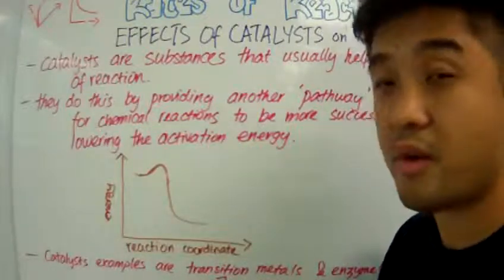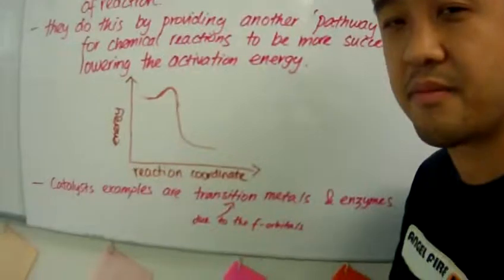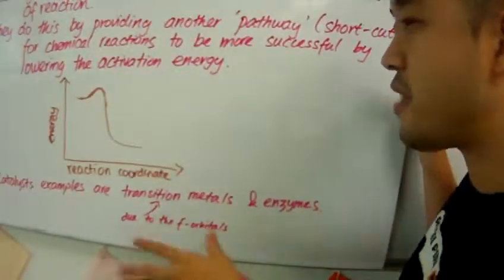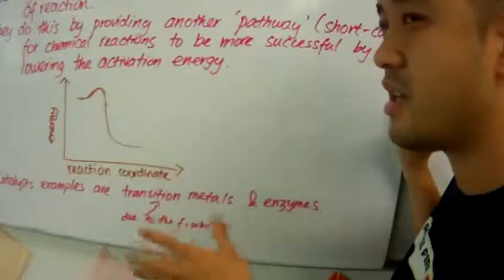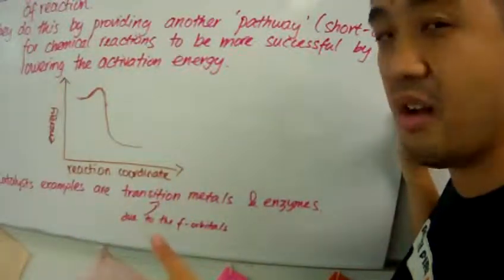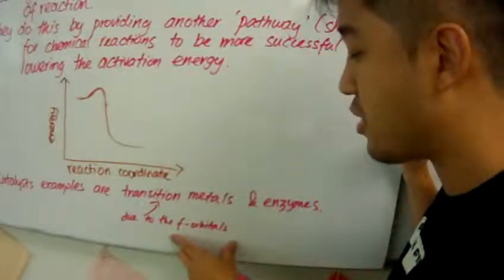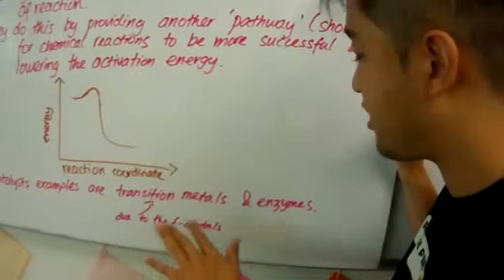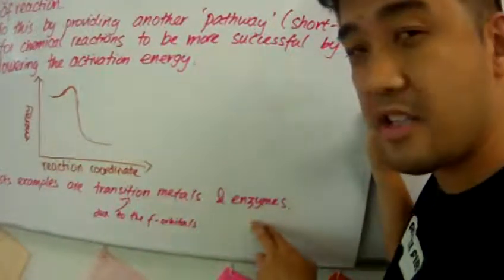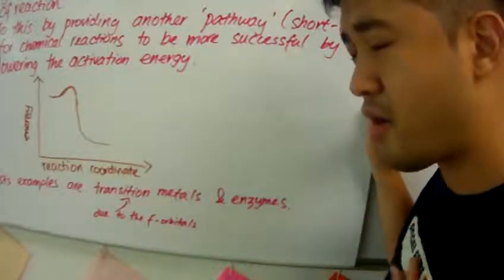So I've already provided examples of catalysts, and these catalysts were transition metals. All right, transition metals. Transition metals are good catalysts because of the properties of their electron shell in the f orbitals. I know I did not talk about f orbitals with you, but that's a whole different story. And other examples of catalysts are enzymes. And you know that our bodies are not very hot.